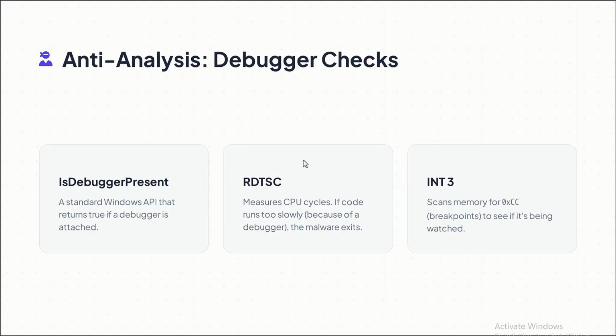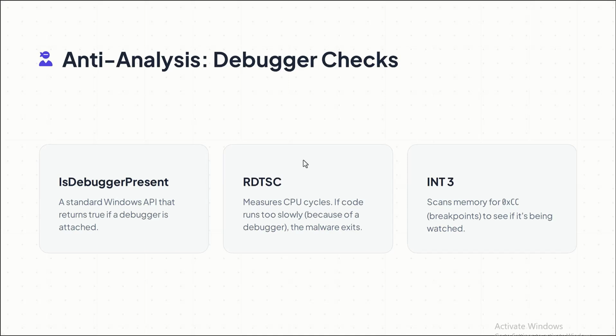And there are other anti-analysis mechanisms that malware uses. It's called debugger checks or anti-debugging. Well, one of the common ones is IsDebuggerPresent, a standard Windows API that returns true if a debugger is attached. And the other one is RDTSC. Well, it measures CPU cycles.